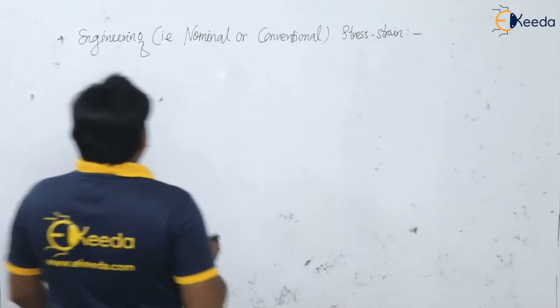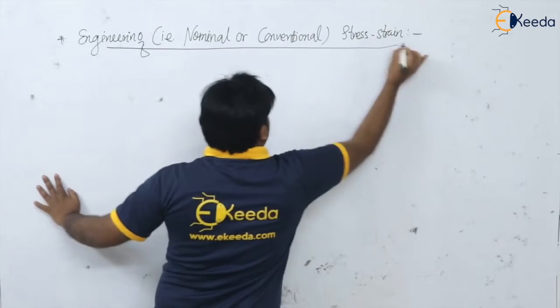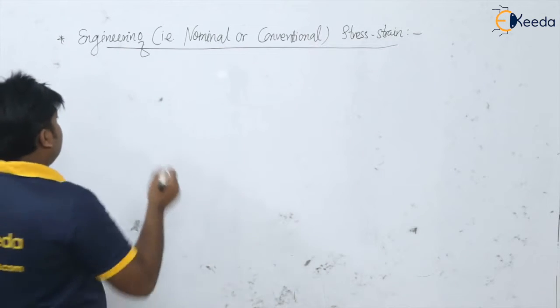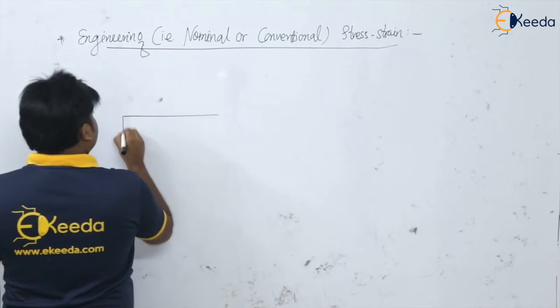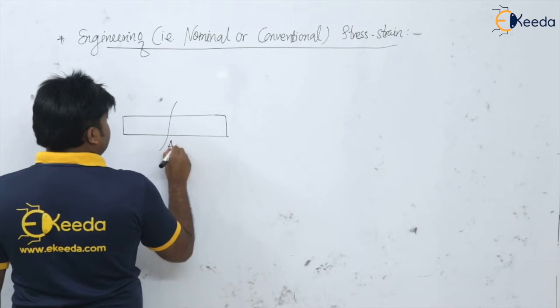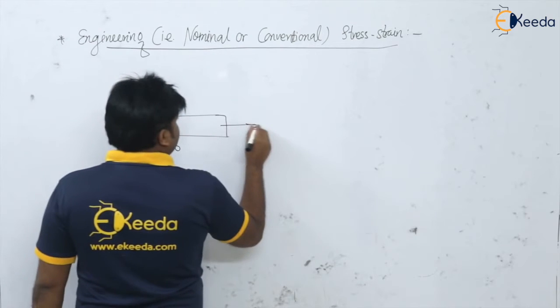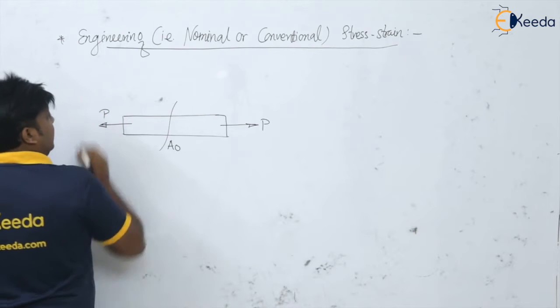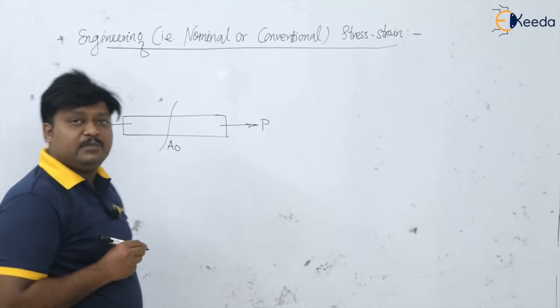Okay, now see, so whenever in the tension test, this is our specimen with the original cross sectional area A0, it is subjected to the tensile loading. P is the tensile load applied on this specimen.